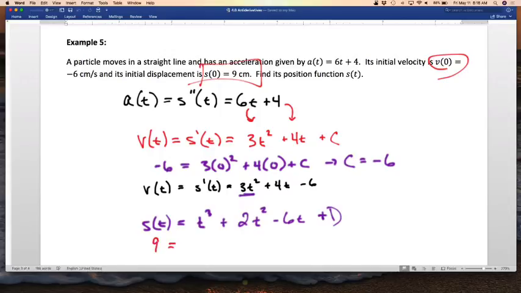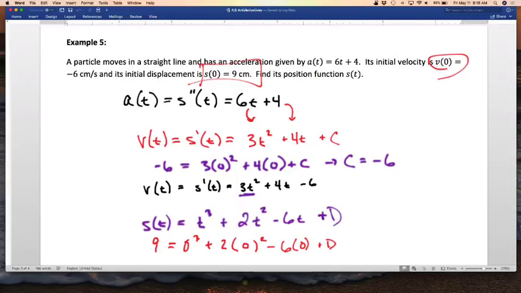The nice thing is when they're giving us this S of 0 equals, that's essentially your constant. I mean, you can do it out and check it. And every once in a while you'll have something weird. Like if there was an e to the x in there, when you put in a 0, it's going to give you a 1. So that will throw it off a little bit. But barring some weird addition into the function there, you're going to have your d there is 9.